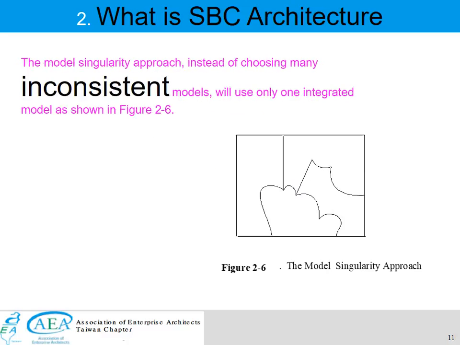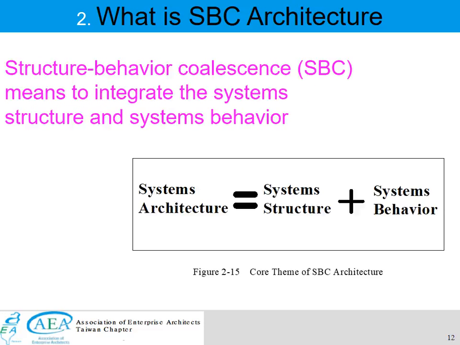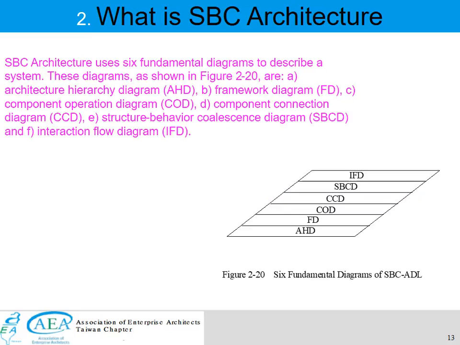The second approach is called the model singularity approach. Instead of choosing many inconsistent models, this approach uses only one integrated model, as shown in Figure 2-6. Structural Behavior Correlations (SBC) means to integrate the system structure and system behavior. SBC architecture uses 6 fundamental diagrams to describe a system.